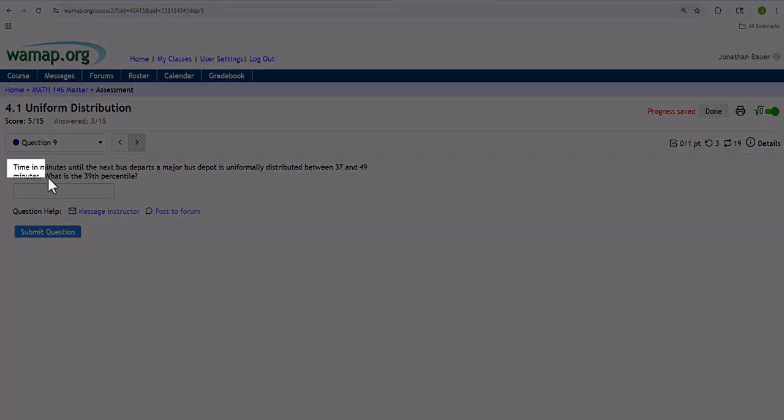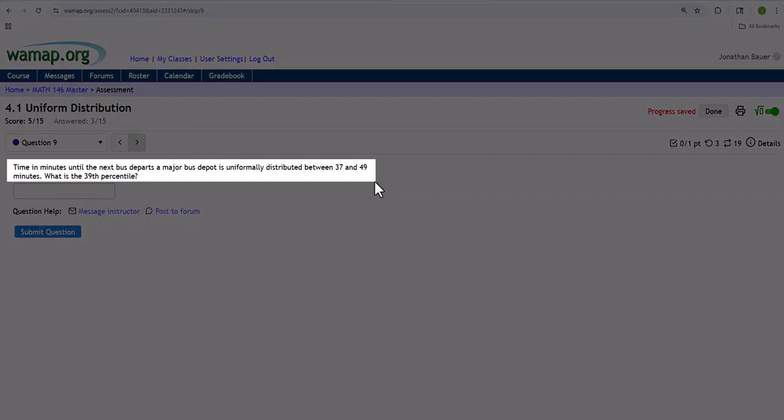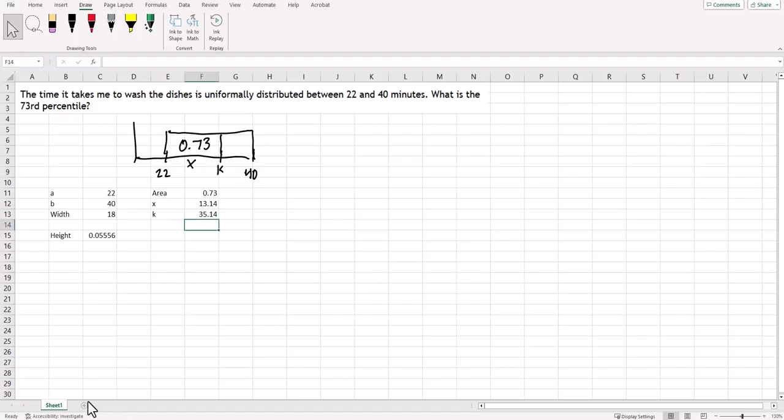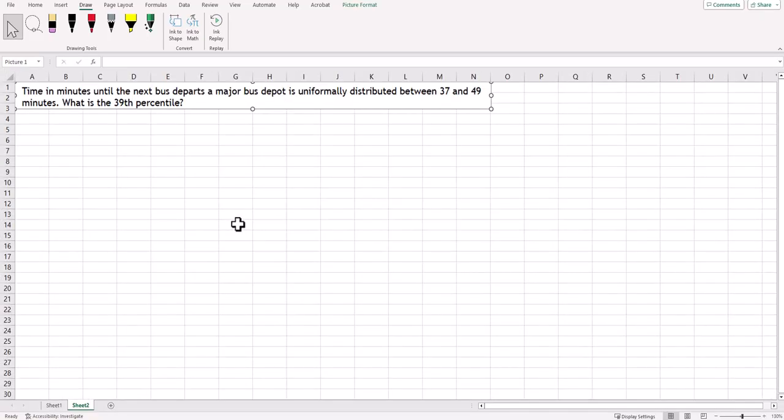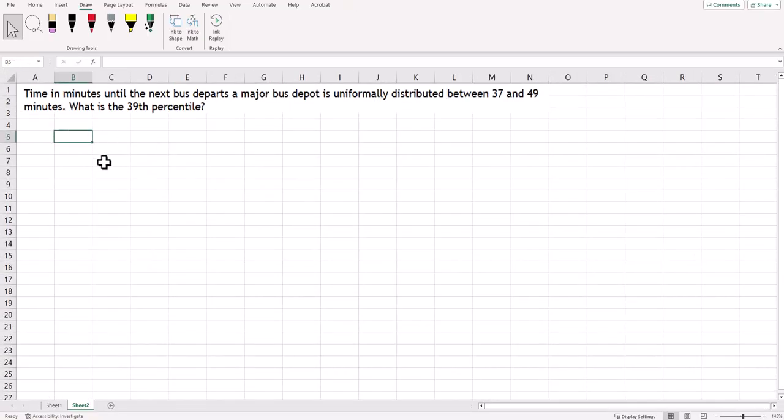So again, grabbing this question here, go over here, zoom in a little bit. Okay, so I've got a starting point here of 37, and it ends at 49. And so the width of my uniform distribution is going to be 49 minus 37.